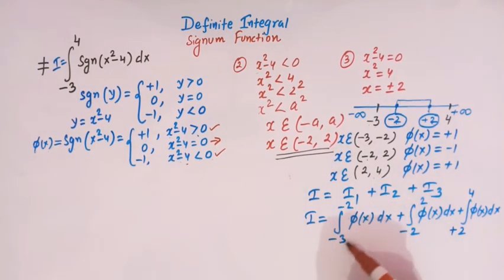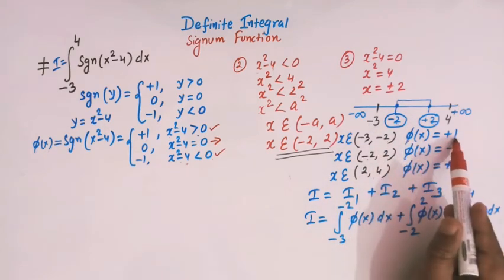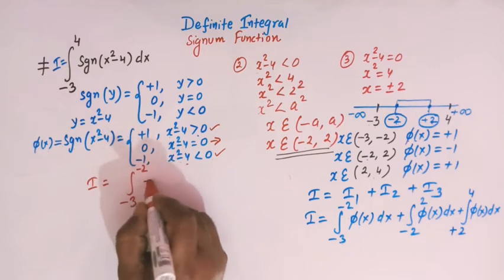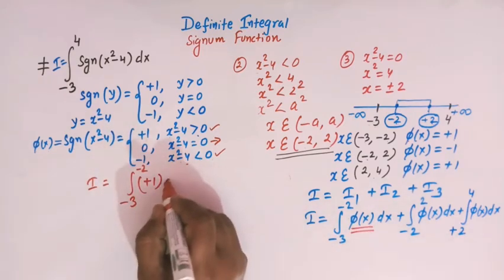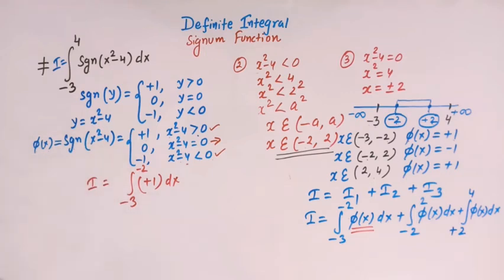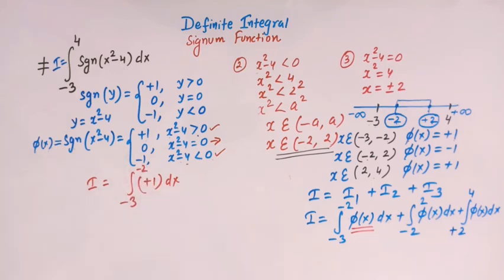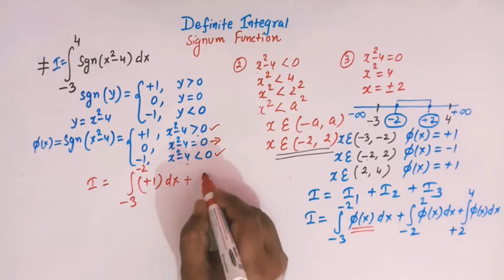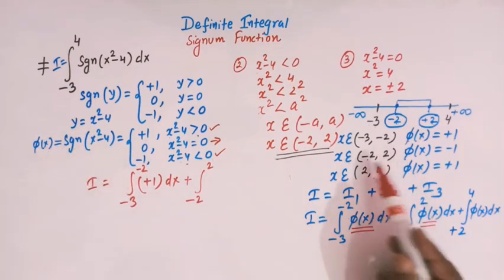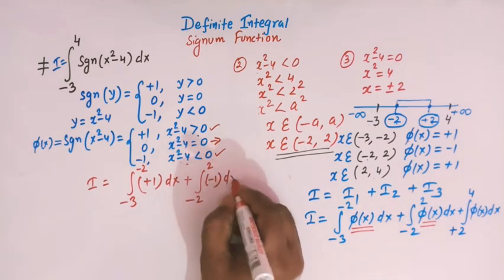Now when x varies from -3 to -2, phi of x will take the value +1. So I can be written as the integral from -3 to -2 of +1 for phi of x, since signum of x² - 4 takes the value +1 when x varies from -3 to -2. Then we have -2 to 2, where phi of x is signum of x² - 4, and when x belongs to -2 to 2, phi of x is -1, so we have -1 dx.